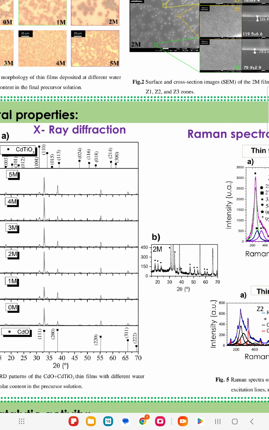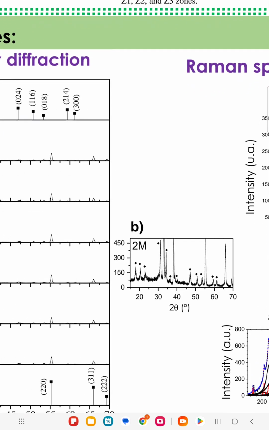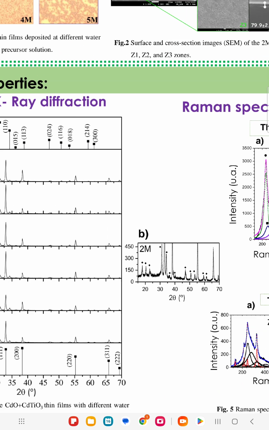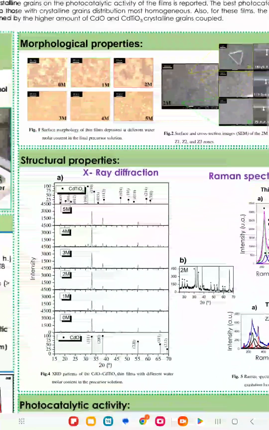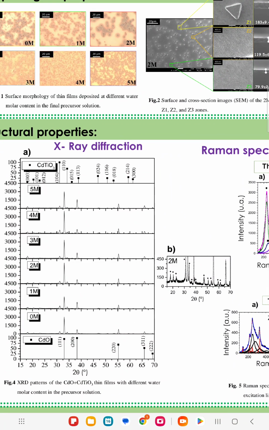In part B, we can see the signals corresponding to cadmium titanate. But as I said before, due to the high intensity of the signals of cadmium oxide, we cannot see the cadmium titanate so present in the main figure.